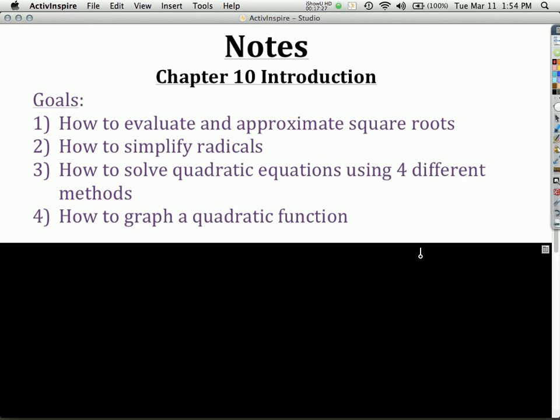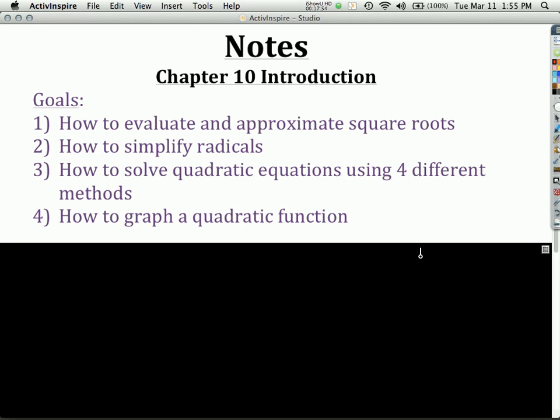Now, I never understood why a quadratic was called a quadratic. A quadratic is an equation that has an x squared. What does the prefix quad mean? Only a few people know quad. Matthew, what's quad? Quad means 4.